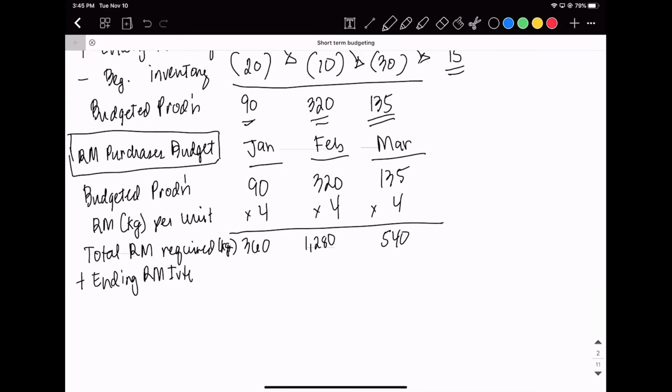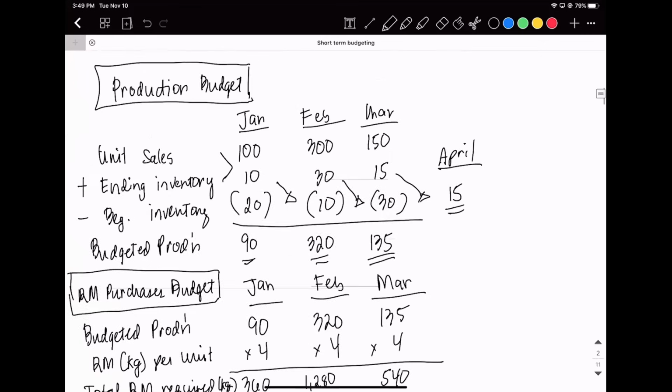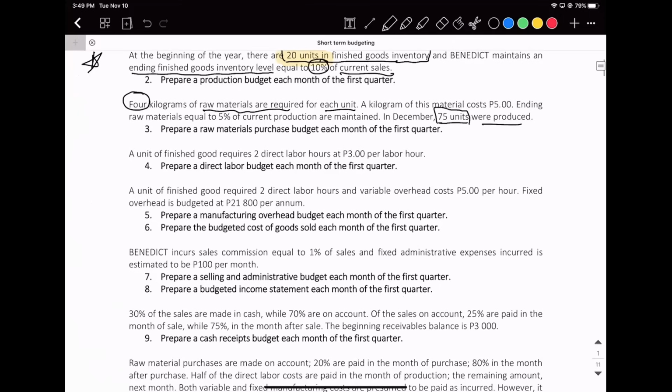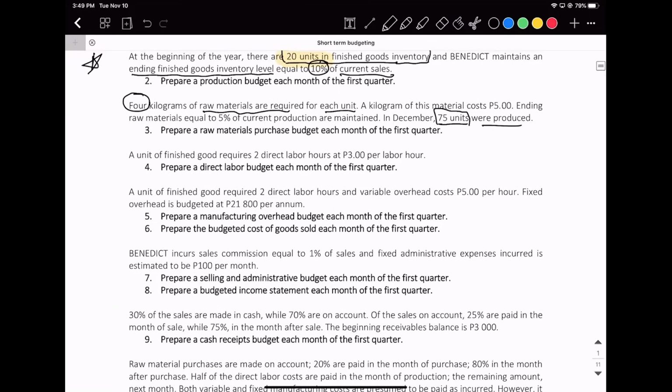Raw materials inventory. Okay, so ending raw materials inventory, in kilograms again. So, meron ba tayong ending raw materials from last year? Tingnan natin yung problem. Ano sabi sa problem? Okay. So, walang binigay na raw material inventories.